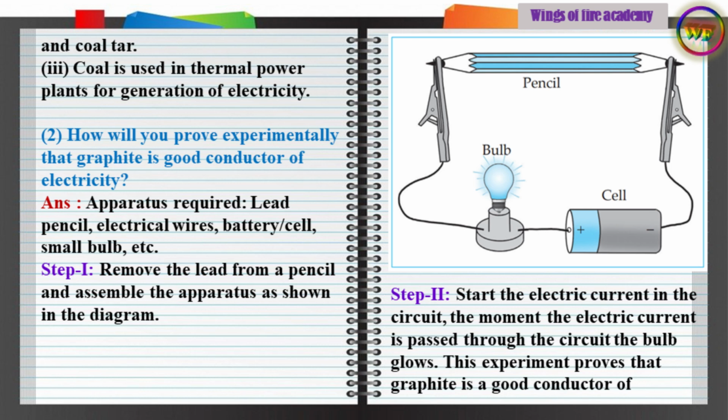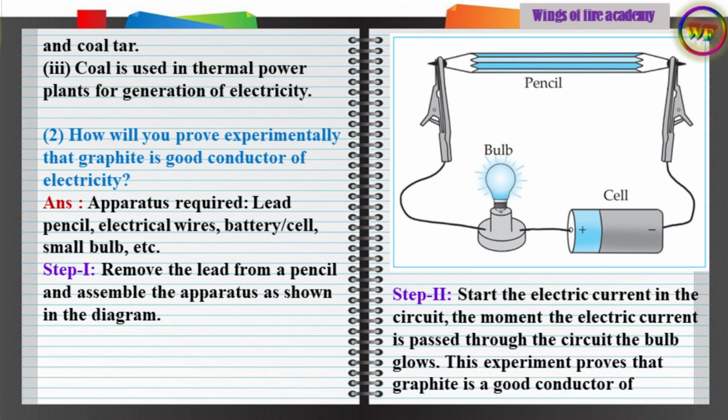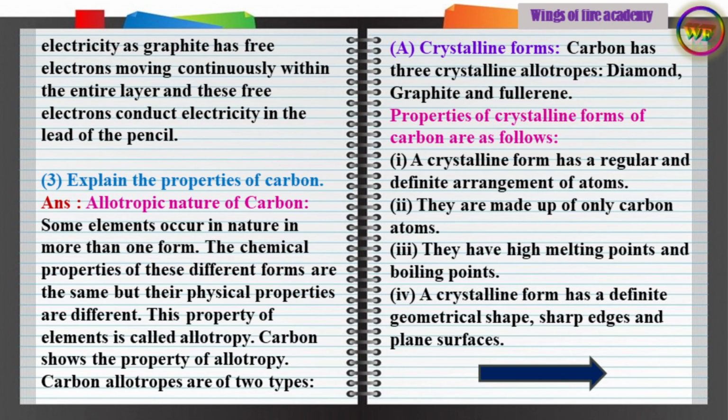Start the electric current in the circuit. The moment the electric current is passed through the circuit, the bulb glows. This experiment proves that graphite is a good conductor of electricity, as graphite has free electrons moving continuously within the entire layer, and these free electrons conduct electricity in the lead of the pencil.